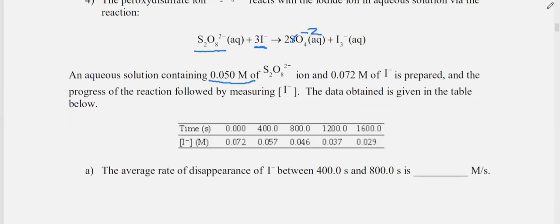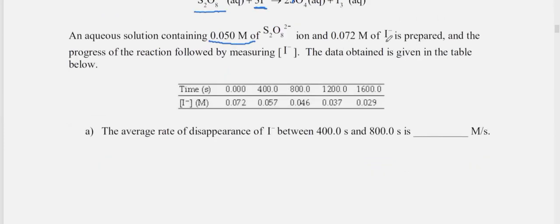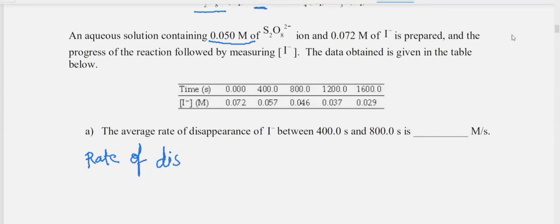Now, the first question here: they ask for the average rate of disappearance of I minus between 400 and 800 seconds. That's the first question. So I'll write here the rate of disappearance of I minus.